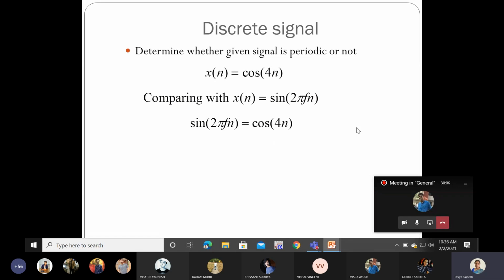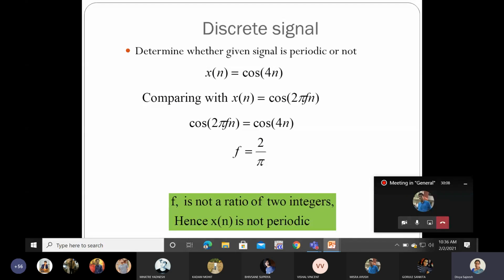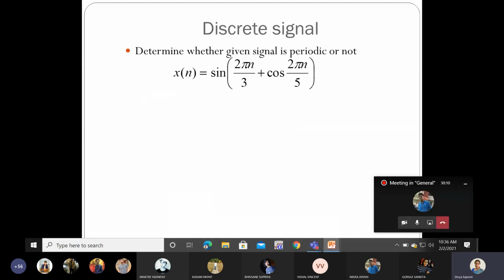This also we have seen. We found out here f is not a ratio, so it is not periodic. Now let us do one more thing, a discrete signal.